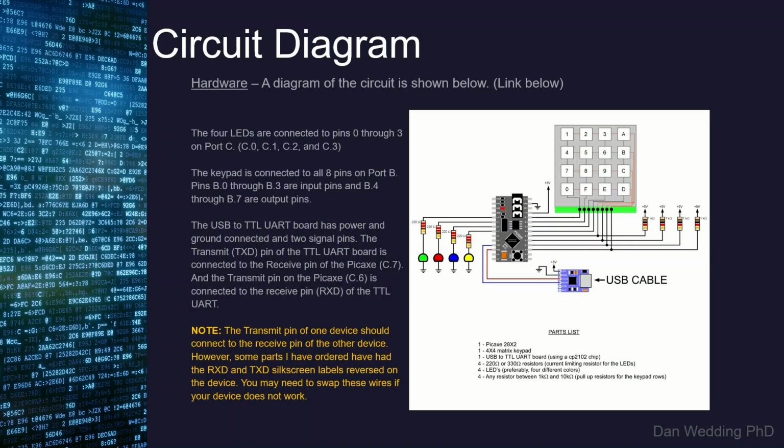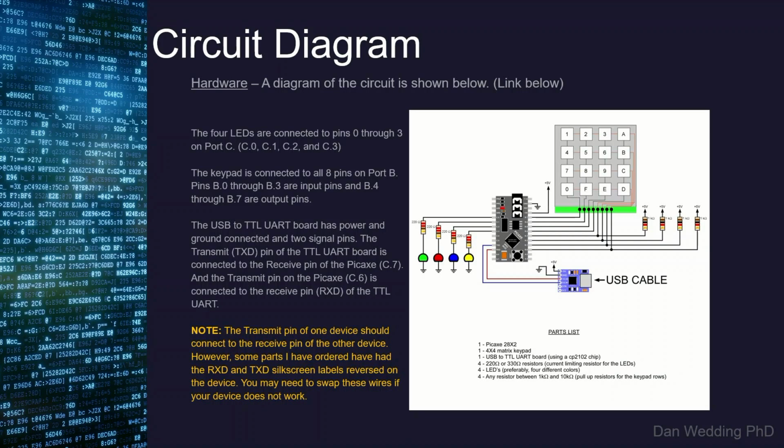The USB to TTL UART board has power and ground connected and 2 signal pins. The transmit pin of the TTL UART board is connected to the receive pin of the Picaxe, and the transmit pin of the Picaxe is connected to the receive pin of the TTL UART.